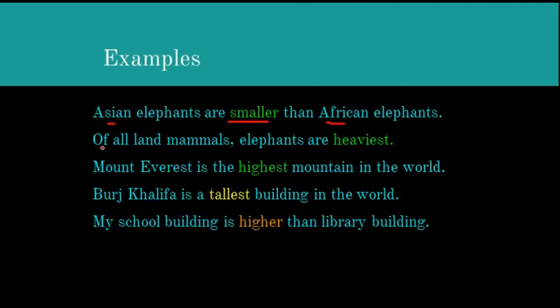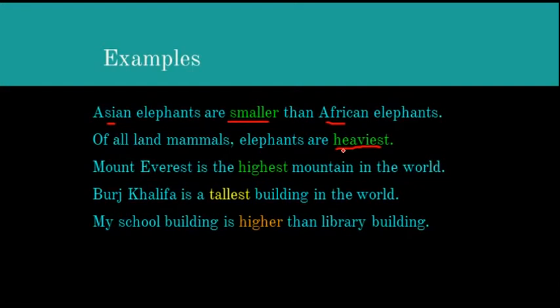Next example: of all land mammals, elephants are heaviest. Heaviest. In this sentence, the speaker is comparing elephants with the whole mammal group. That's why the speaker is using the superlative degree. Superlative adjectives describe one person or thing as having more of a quality than all other people or things in the group.